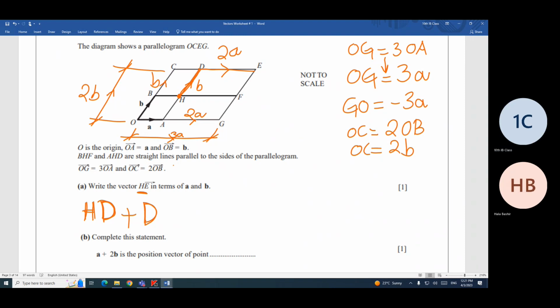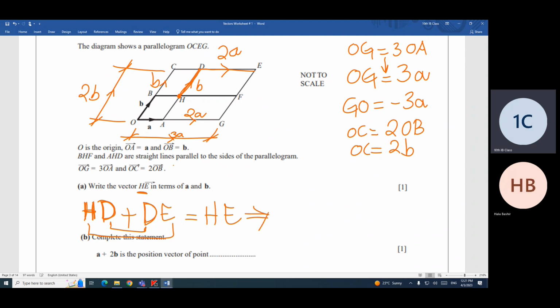So here we say plus DE. We started with H and ended with D. When we add, what you ended with is what you start with next, and your answer is the ending point. So it is equal to HE. Did you understand?